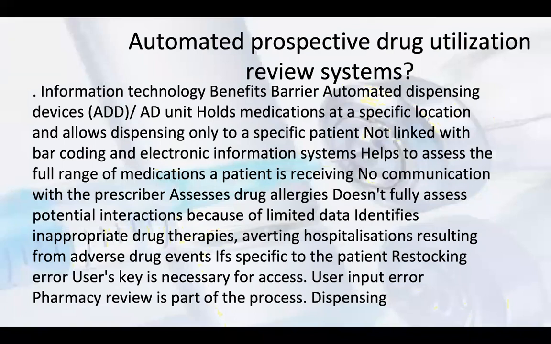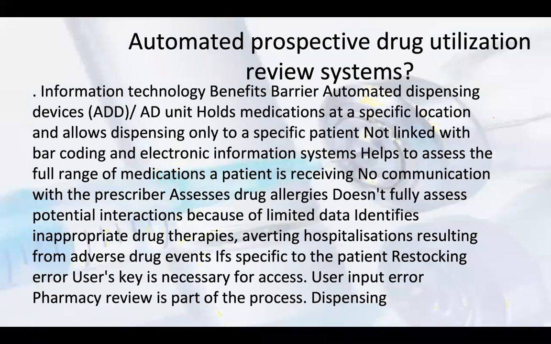Technology benefits and barriers: automated dispensing devices. The unit holds medication at a specific location and allows dispensing only to a specific patient, but is not linked with the barcoding and electronic information system. It helps to assess the full range of medications the patient is receiving, but there is no communication with the prescriber.